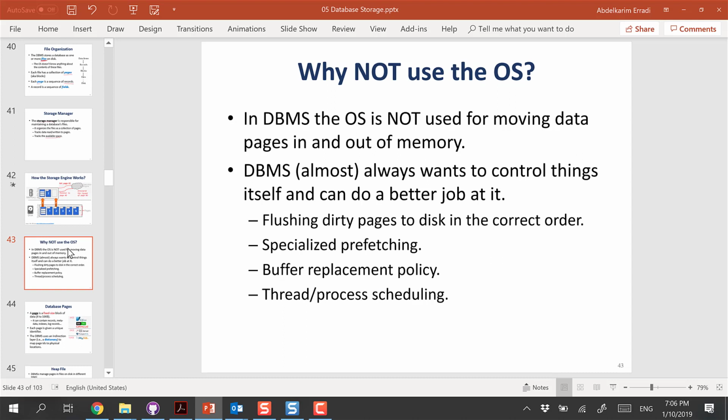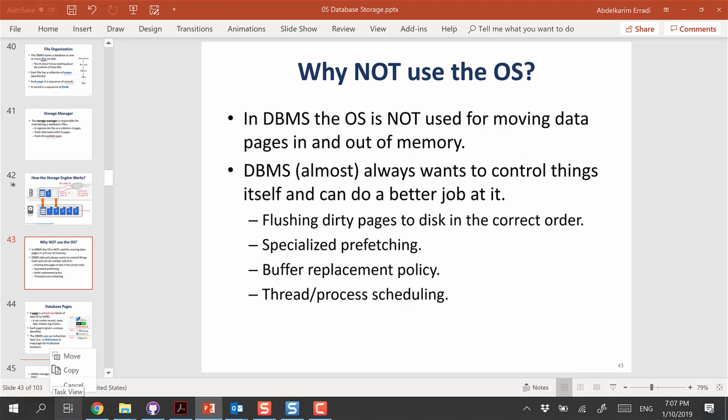Initially, when you create a database, the database asks the operating system, please create this file for me, and that's it. From that time onwards, it's the responsibility of the database to read and write and maintain that file as a set of pages.